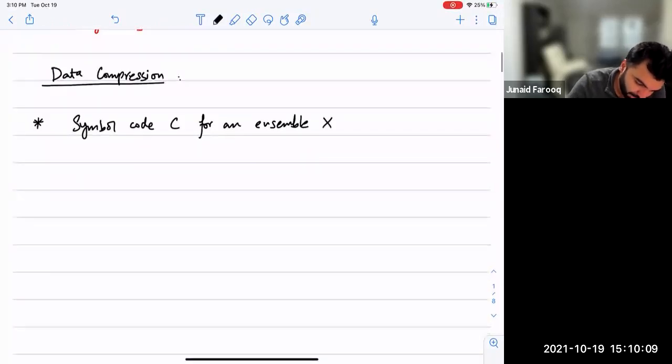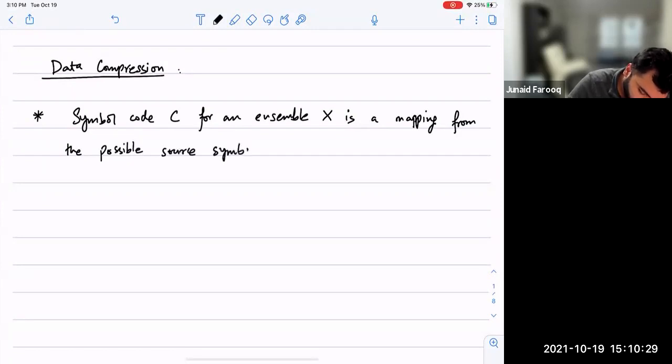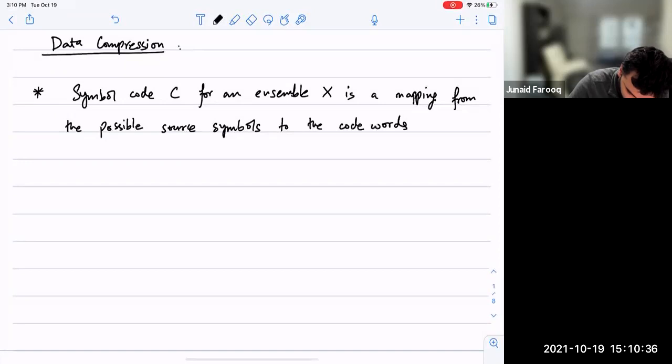A symbol code C for an ensemble X is actually a mapping from the possible source symbols to the code words. Okay, so this is the formal definition of the symbol code that helps you compress data.